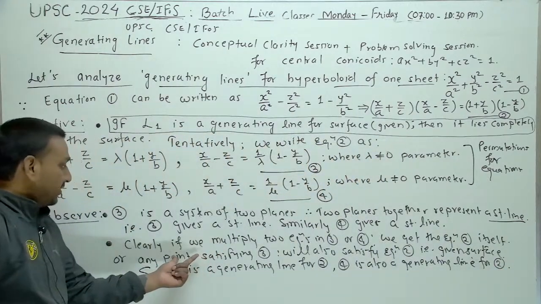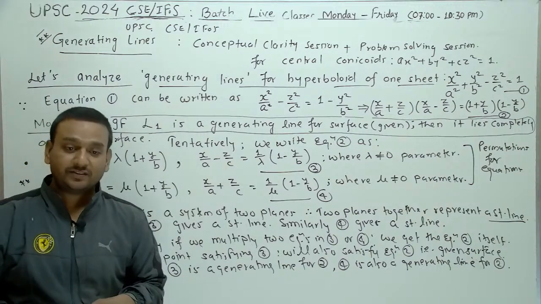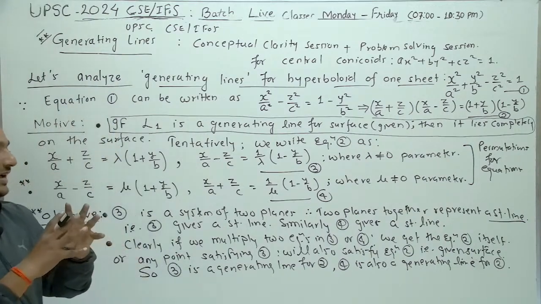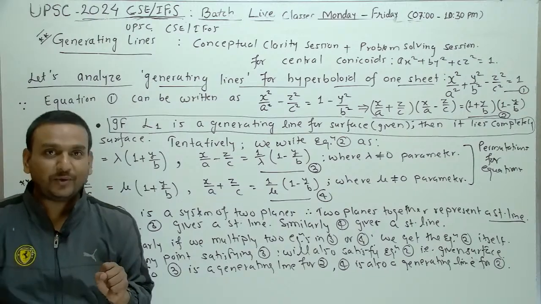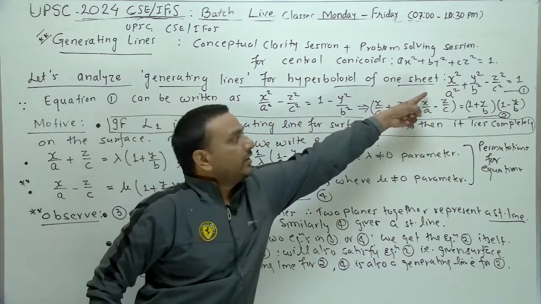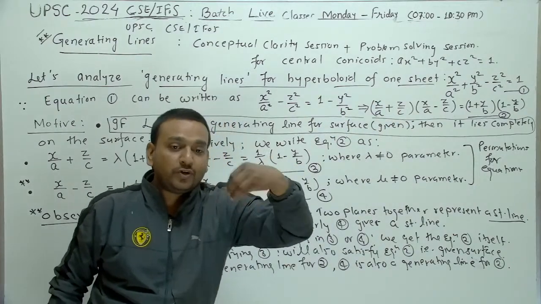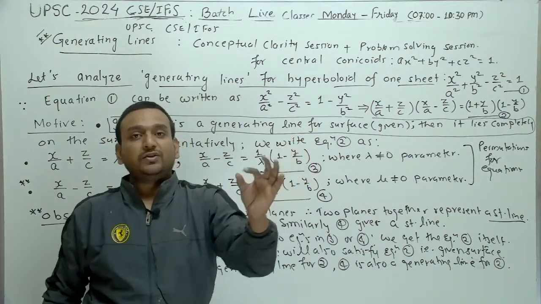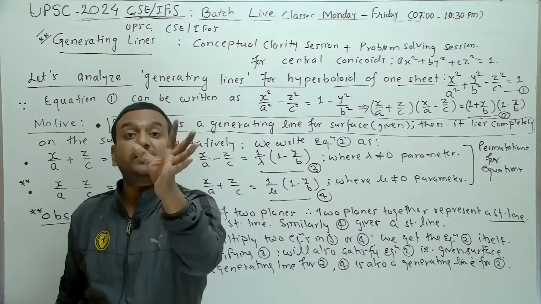The second observation indicates the line completely lies on the surface. That was the beautiful picture I wanted to draw for you: by managing the given equation of the surface, without any method, you can tell the generating lines of that surface.